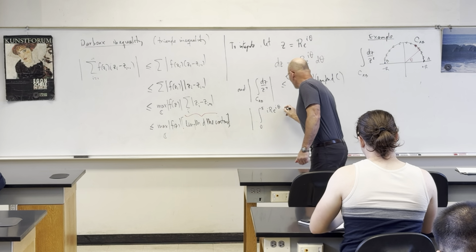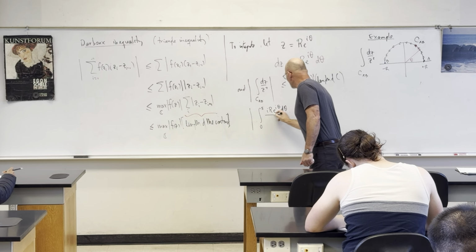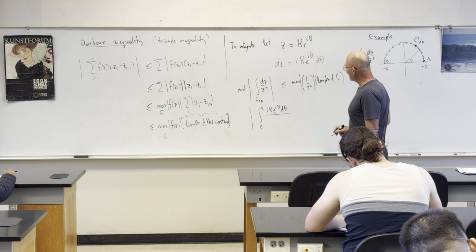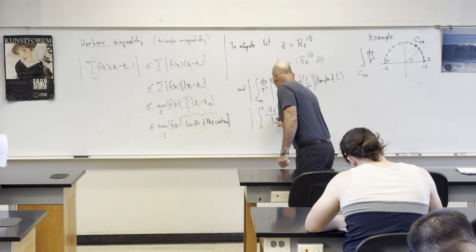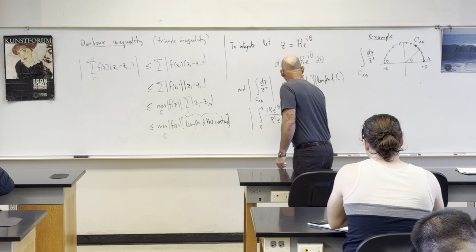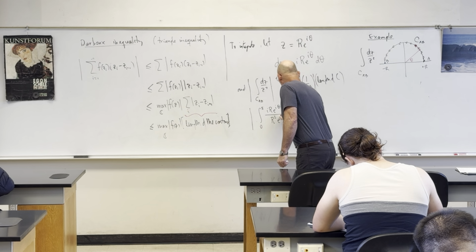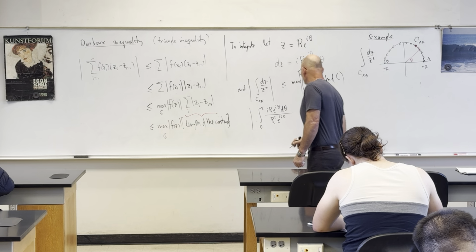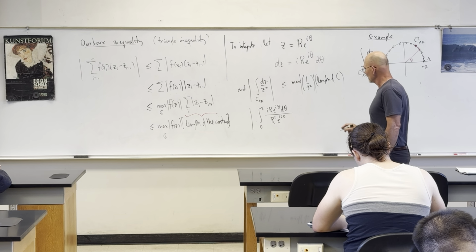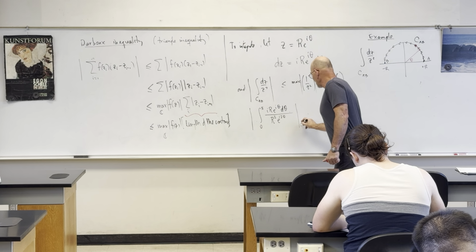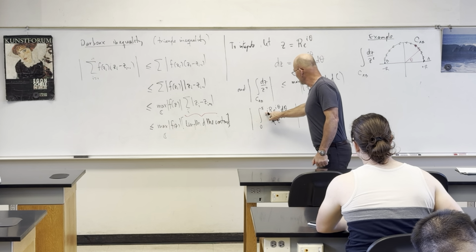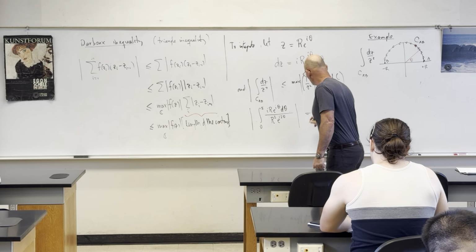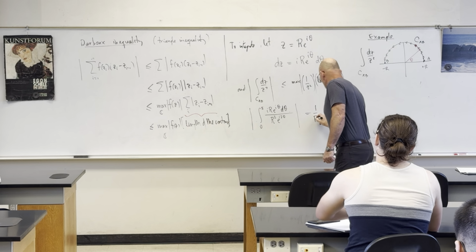So I R e to the I theta d theta, and the denominator is that z squared, which is R squared e to the I times 2 theta. Magnitudes here, you have R over R squared, so we've got a 1 over R.